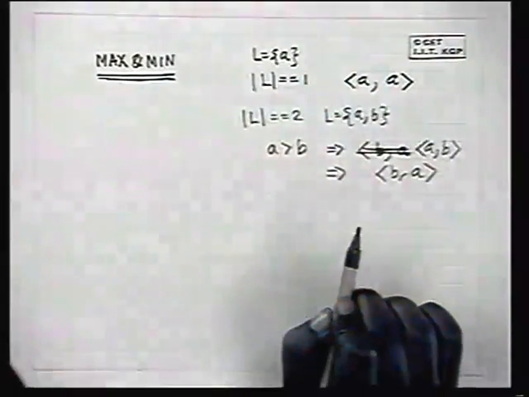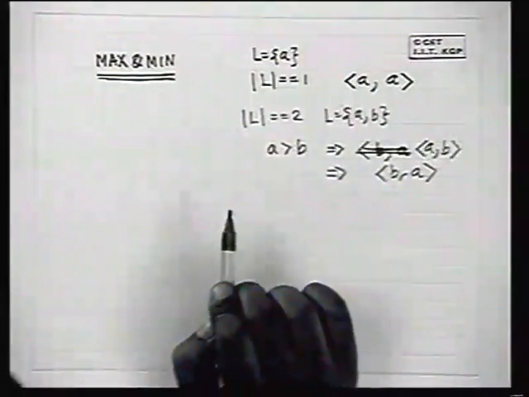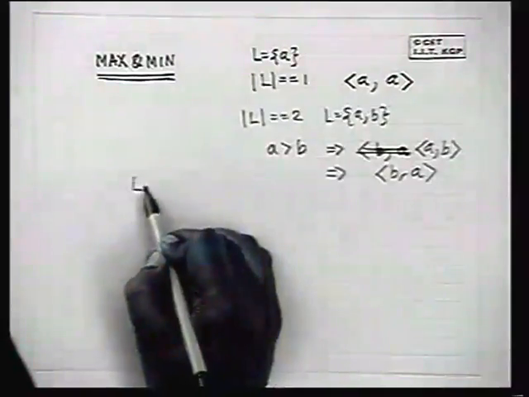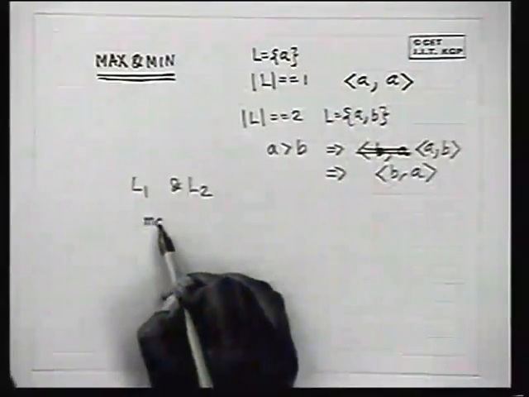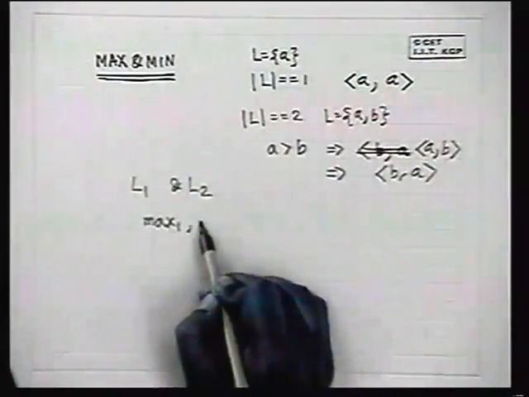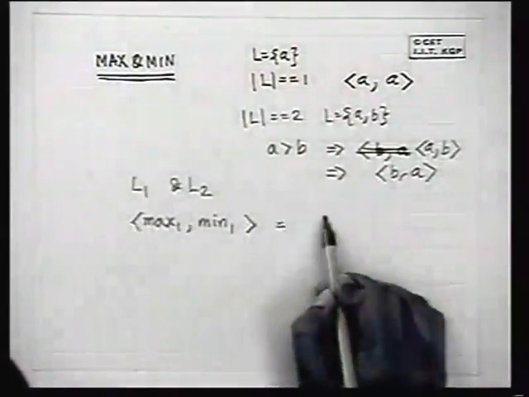Alright. Now two elements. When you come to more than two elements, you split into L1 and L2, and recursively you will get max 1, min 1 from solving L1.